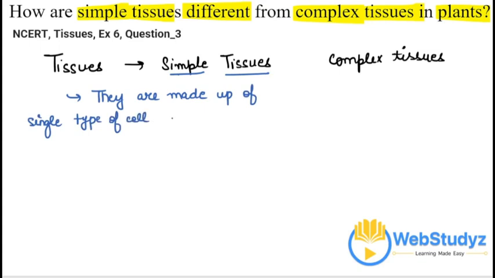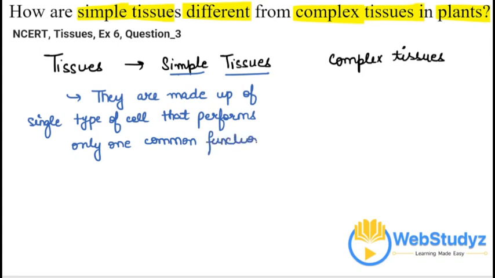Only one type of cell will be present that performs only one common function. So only one type of cell would be present and all the cells would perform one similar common function for the plant.